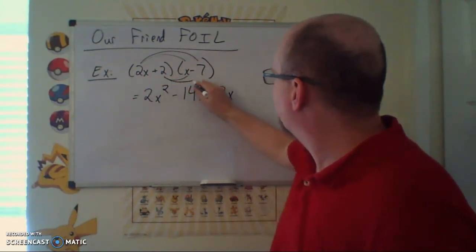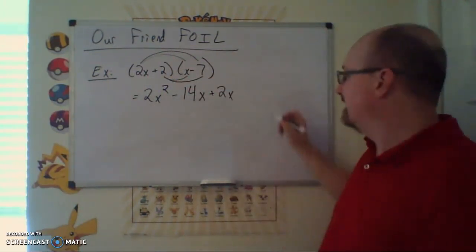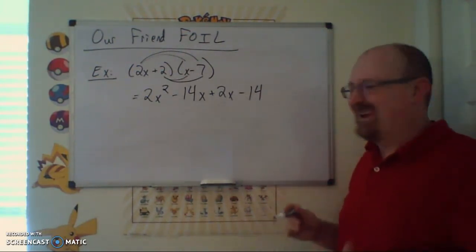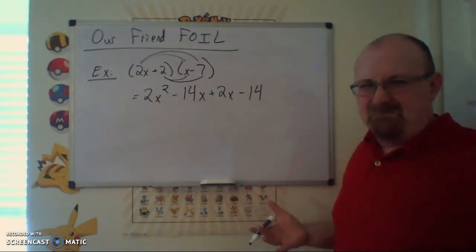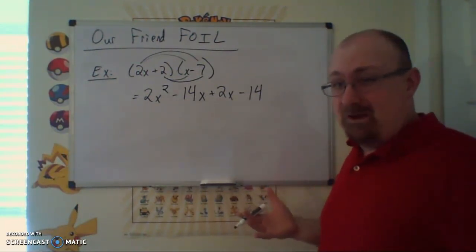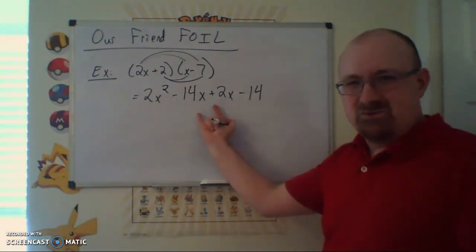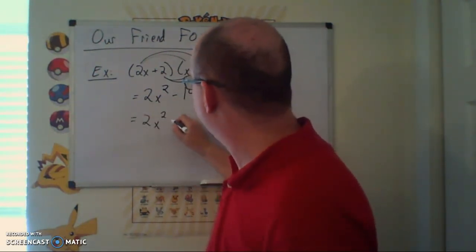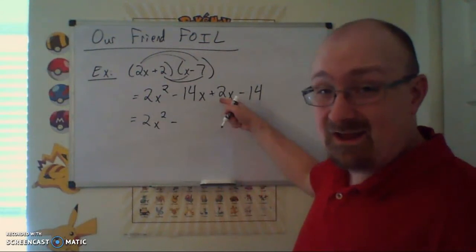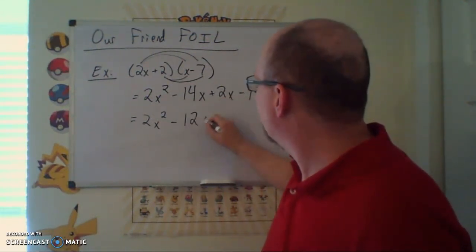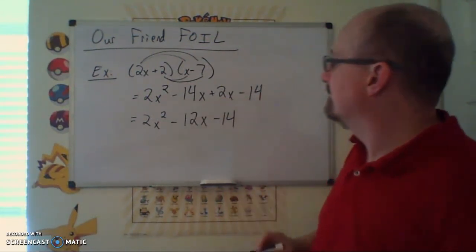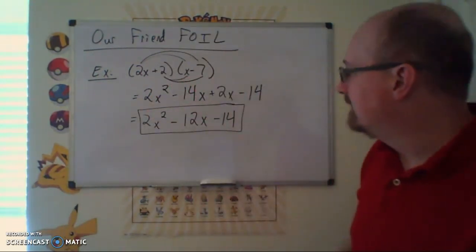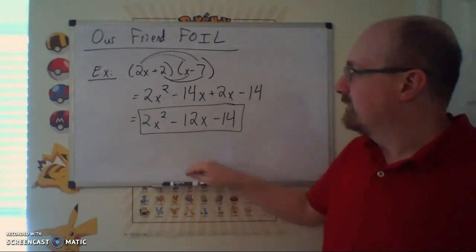And then we have the last. 2 times -7 is -14. And you've technically done what I would call distributing, but it's kind of ugly to leave these two terms like this right here. So I would prefer for them to be gathered up like so. Minus 14x plus 2x gives me minus 12x minus 14. So we have 2x squared minus 12x minus 14.